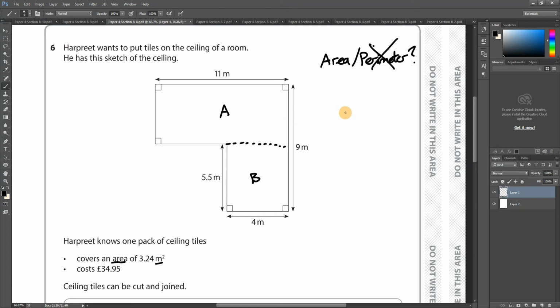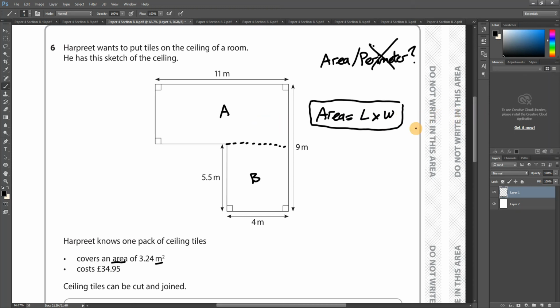And obviously for area of a rectangle you need 1 length multiplied by 1 width. Yeah, so again this bit is essential, you need to know that. Area of a rectangle is length times width.